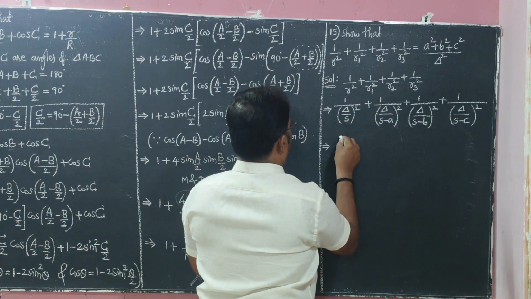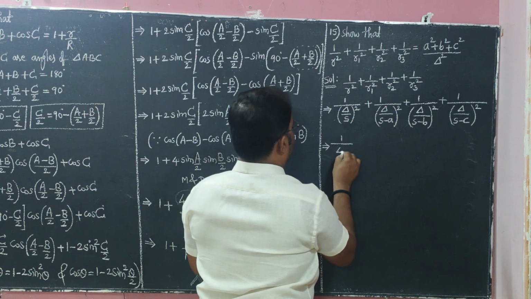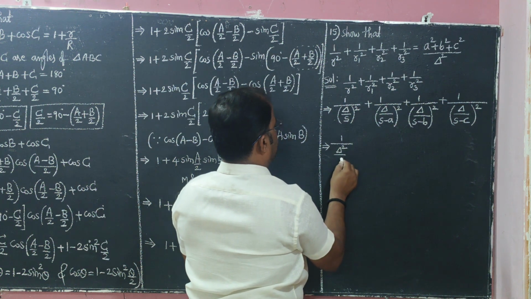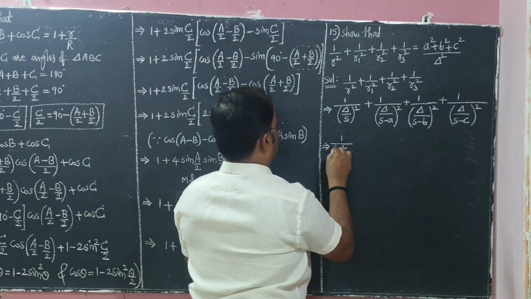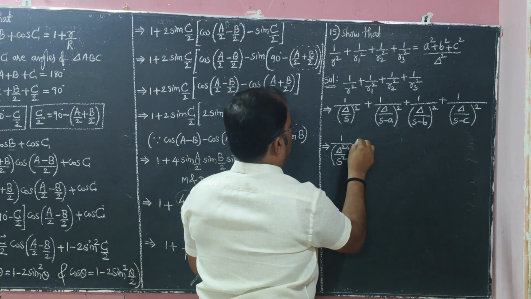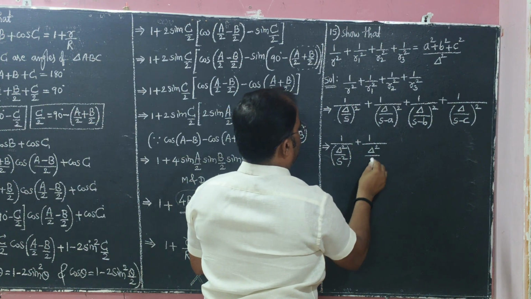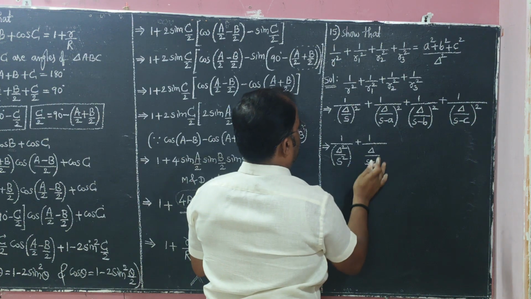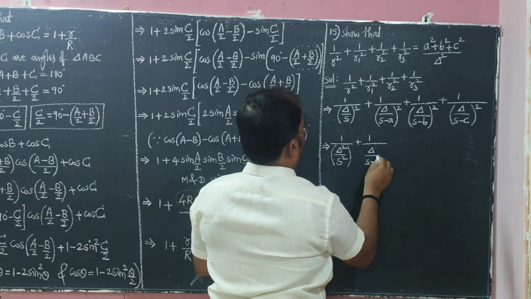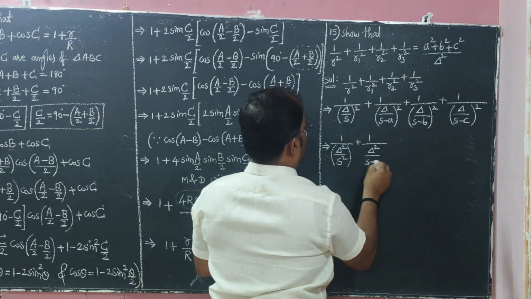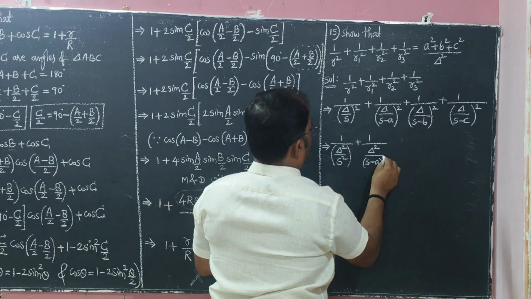Okay, square the fraction. 1 by Δ/s squared means Δ² by s². Clear? And the next one also the same: numerator squared and denominator squared.